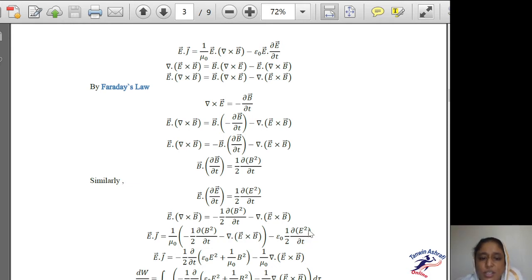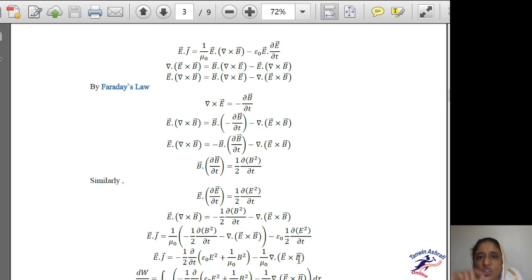Now this is also E square and this is also B square. So let's make them a group, with half and minus as common terms outside: minus half del by del t of epsilon naught E square plus 1 upon mu naught B square. And the other term remains like this, minus 1 upon mu naught del dot E cross B.